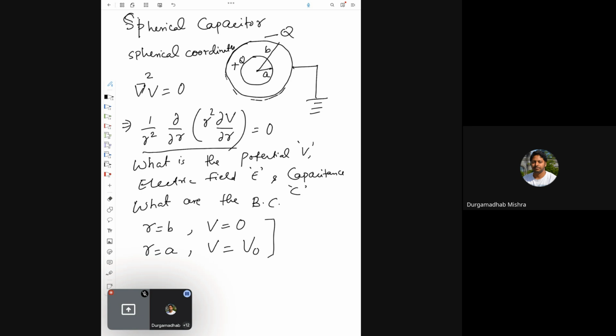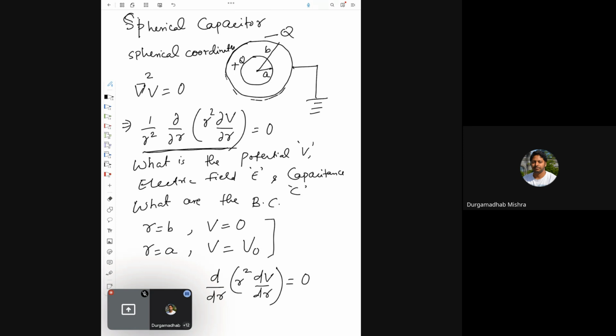Okay, so let's now integrate this function. I can write it as an ordinary differential equation. I have only r dependence here: d by dr of r square dV by dr is equal to 0.